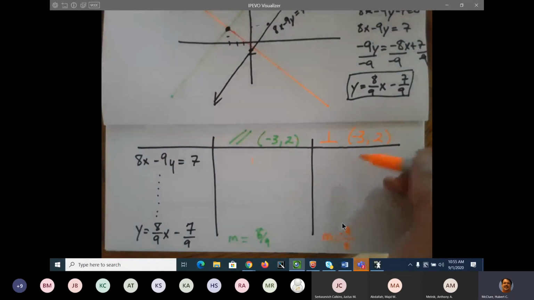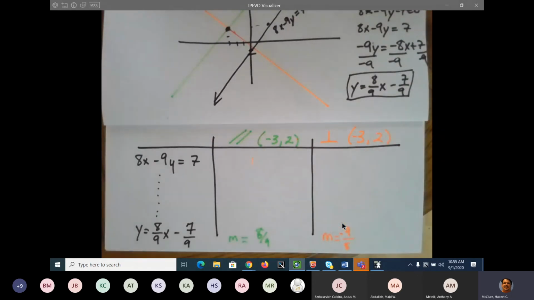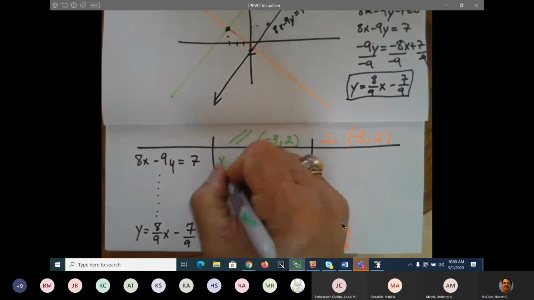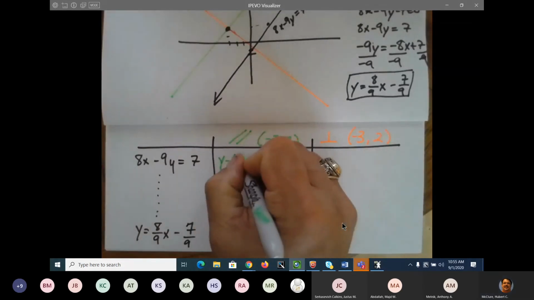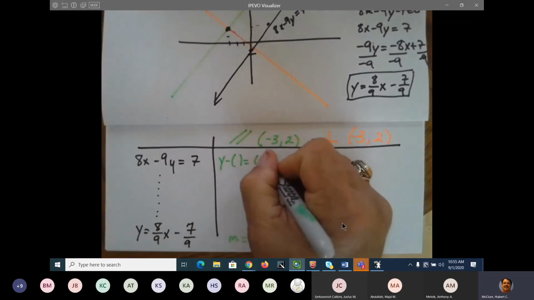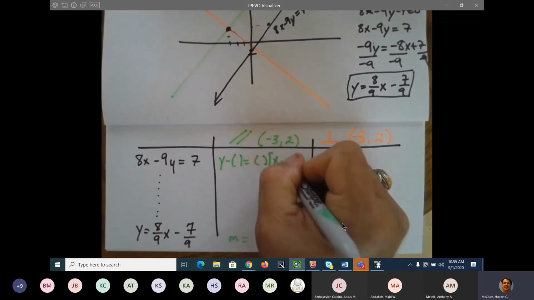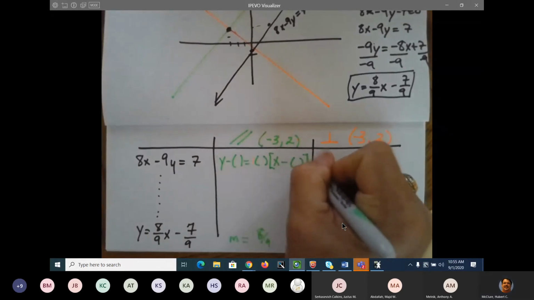I have a point and a slope. I'm going to use the point slope equation here and find two equations. Now the question only asks for one, but I'm doing two to kill two birds with one stone. So here we go. Y minus parentheses equals M times X minus parentheses.